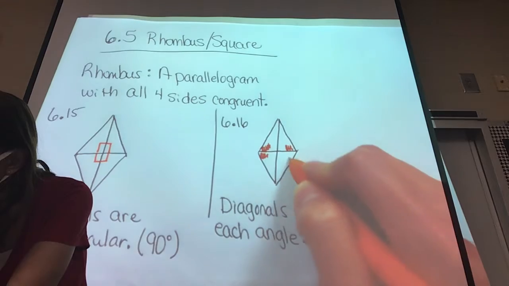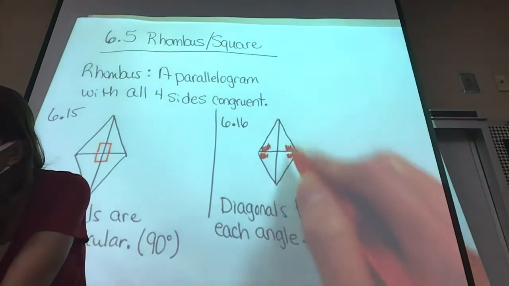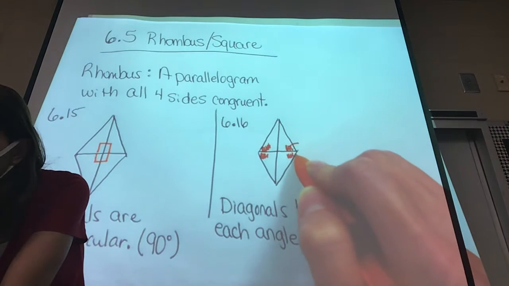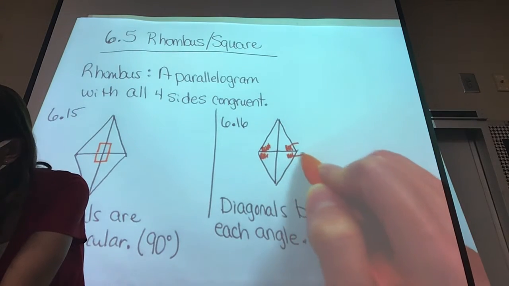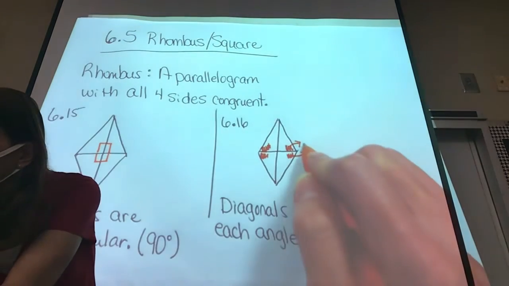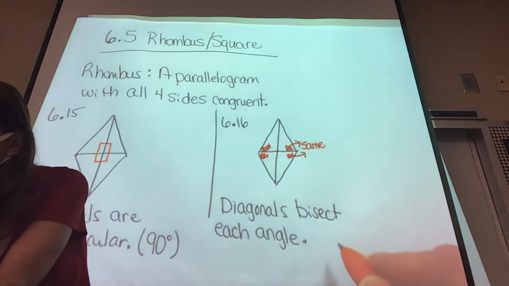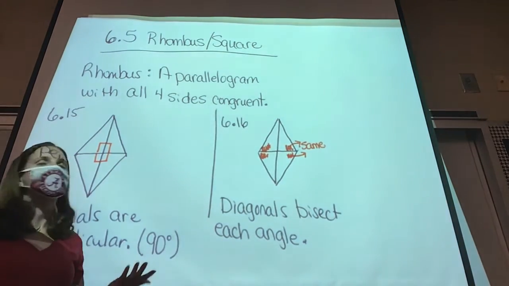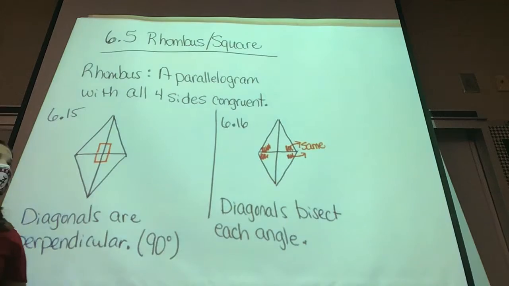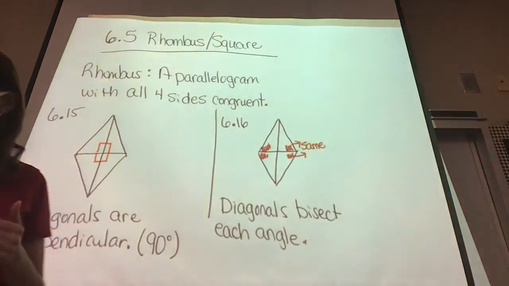This angle is the same as this angle. So we know that these two angles, they are the same. So if one of them is 42, the other one is 42. It does it on both sides, and it does it on top and bottom.